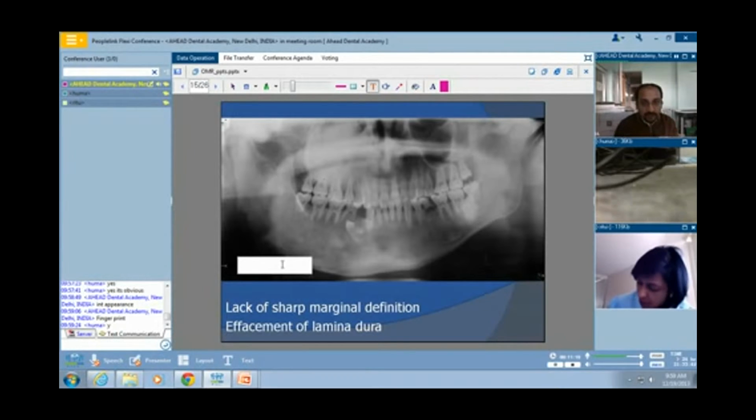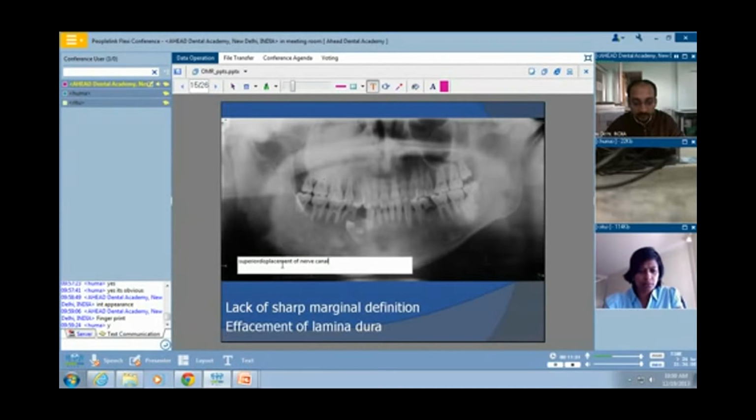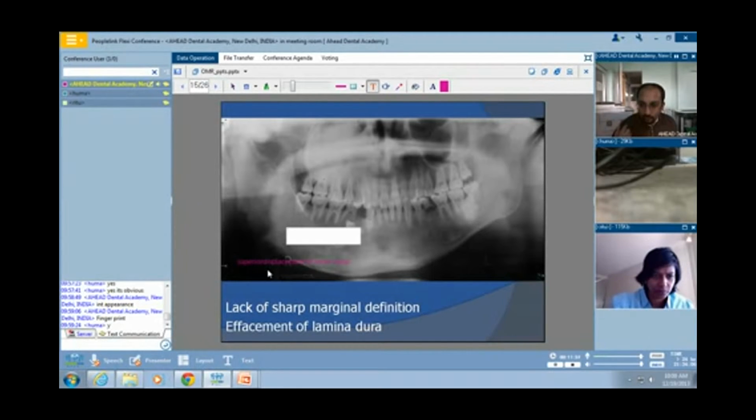It is the only condition that will cause superior displacement of the inferior alveolar nerve canal. Only condition that exists in the entire radiology.